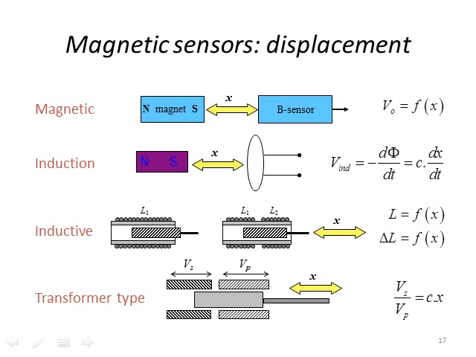Inductive displacement sensor, which is the third one on the list, and we have essentially the case where we have either one coil L1 or two coils L1, L2, and then we have a core, and the amount of overlap between the core and the coil is going to give us a function of displacement, because remember that the current that we generate is going to be dependent on the core inside the loop that you have.